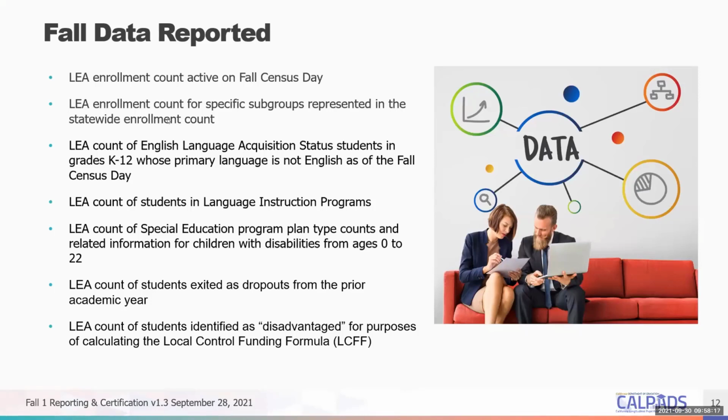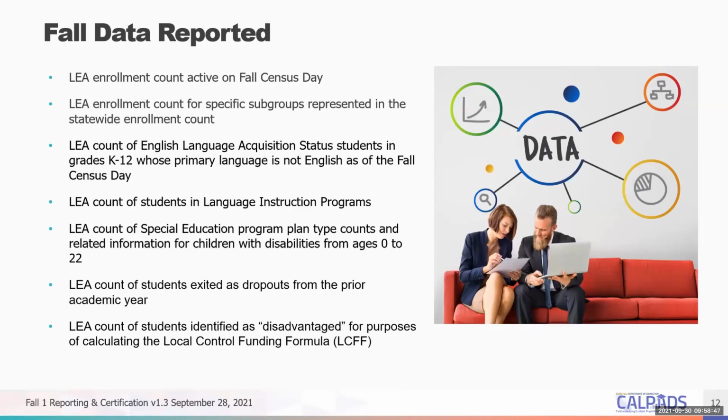Then the count of specific subgroups. Kyron's going to identify the subgroups that we collect, how that information is reported, and how those students are identified. So a count of each specific subgroup, how many individuals belong to that subgroup. One of those subgroups is the ELs from English language acquisition status, but all English language acquisition status counts are reported as of Census Day.